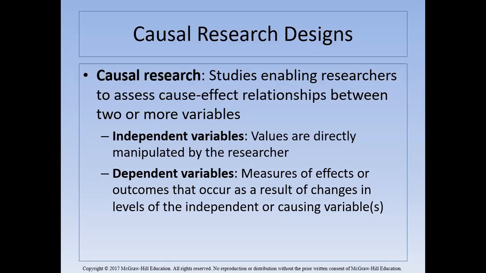Now, the causal research design has two parts, basically. The first part is what you call independent variables and dependent variables, and basically it's driven from its names. Independent variables are variables that do not change for our survey or our research.